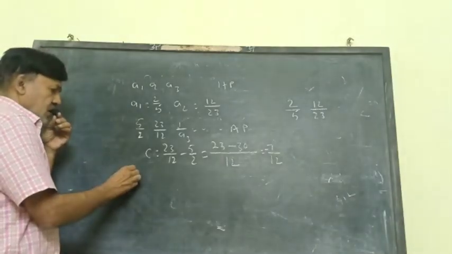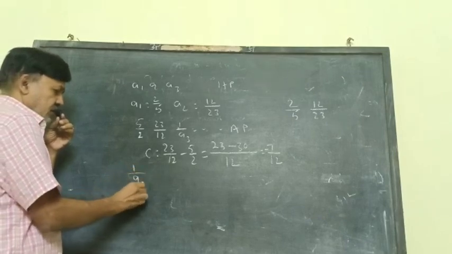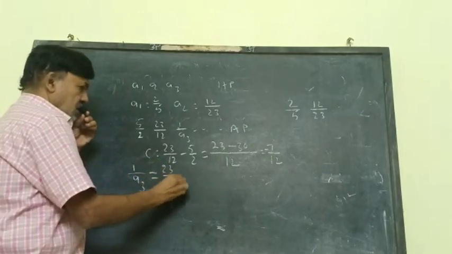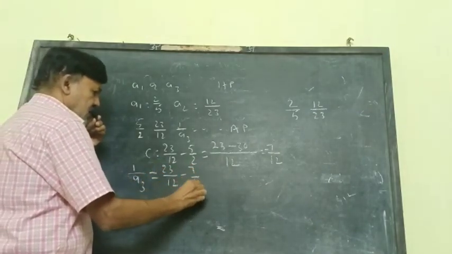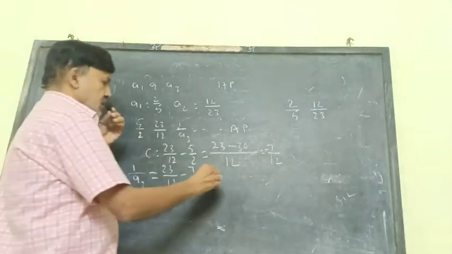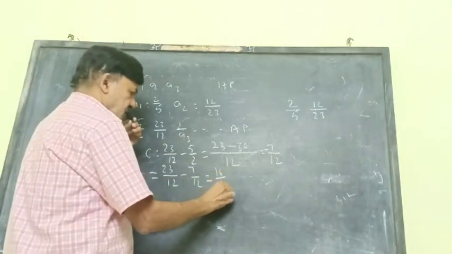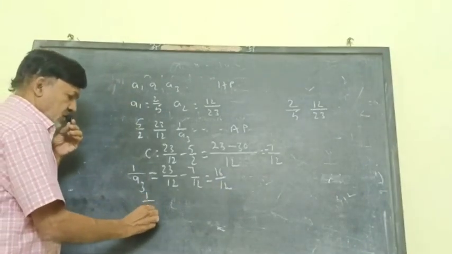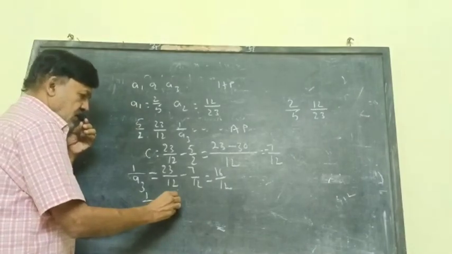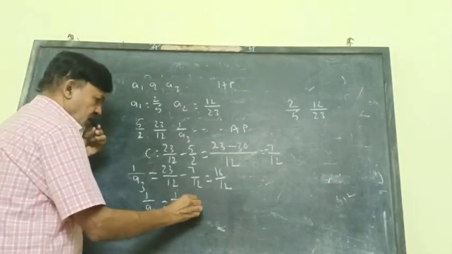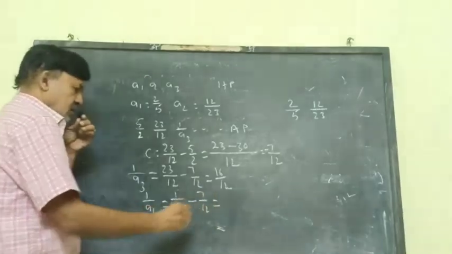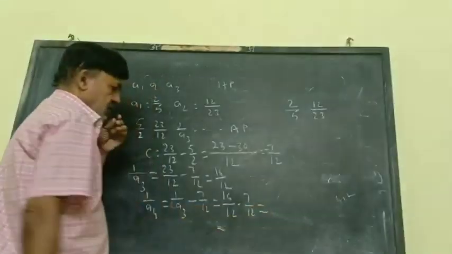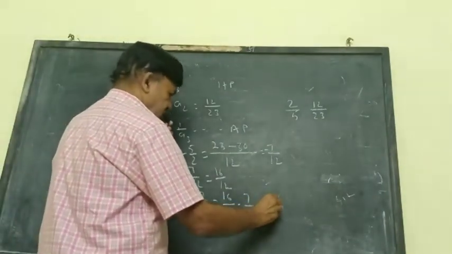So you calculate 1 by A3. 1 by A3 will be 23 by 12 minus 7 by 12. You will get how much? 16 by 12. 1 by A4. 1 by A4 is 1 by A3 plus D. So 16 by 12 minus 7 by 12, which is how much?